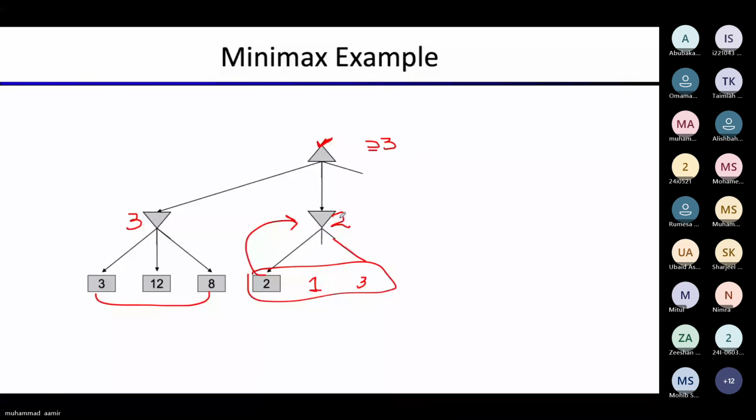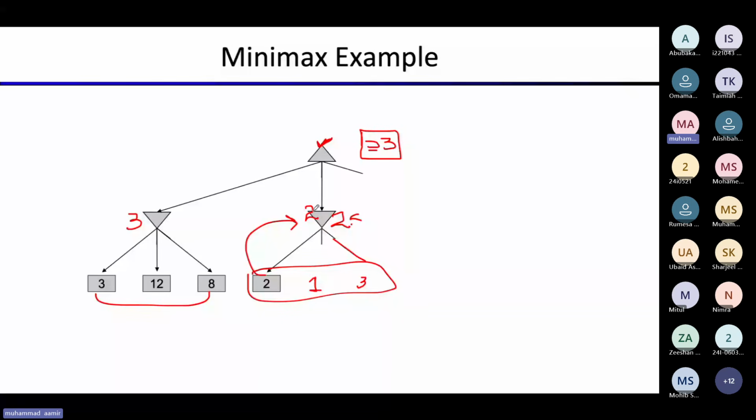Right? And if the value this min has is 2, max will only take this value if it is greater than 3. This simply means if the first value is 2, this value will not be overwritten unless you get a value even smaller than 2.